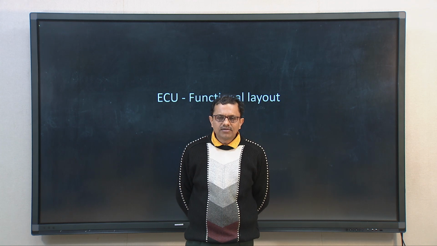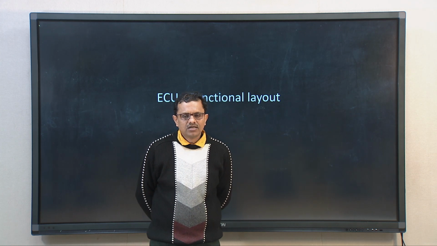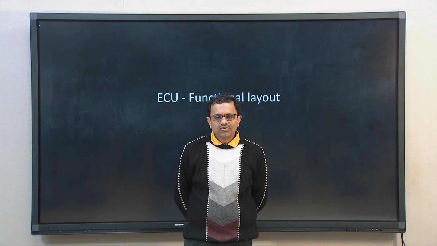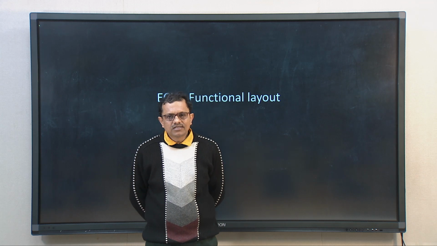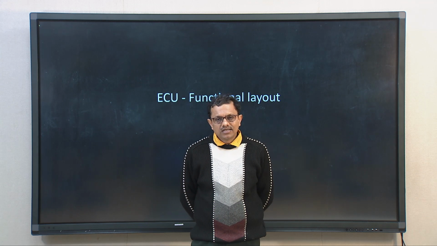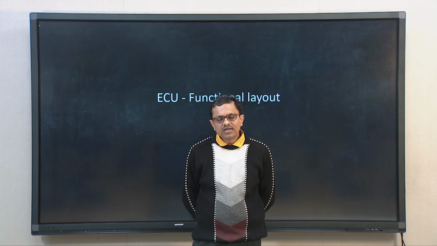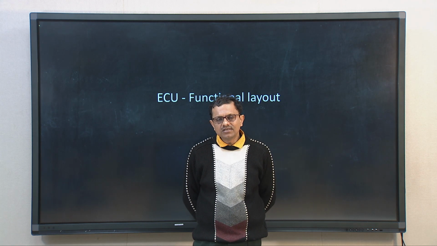We have studied this particular unit in greater detail, and we had seen that this control unit houses sensors, actuators, and most importantly the microprocessor, that is the central part of this unit.